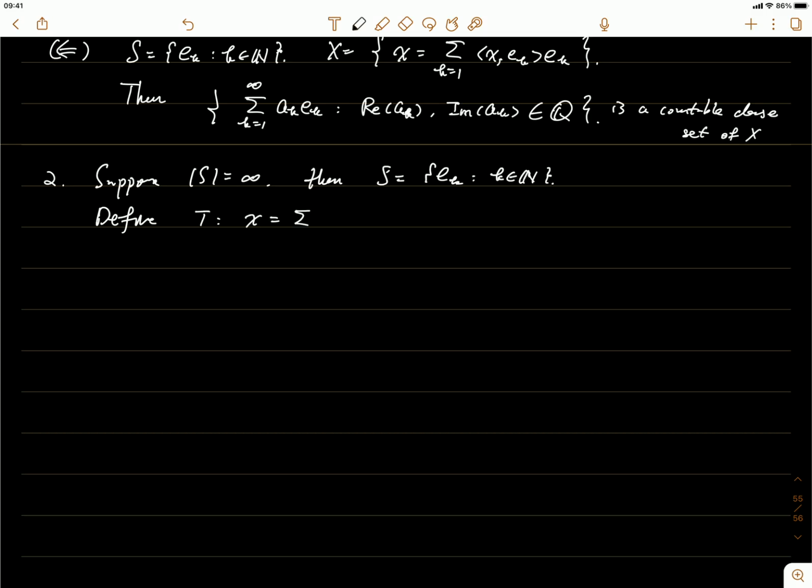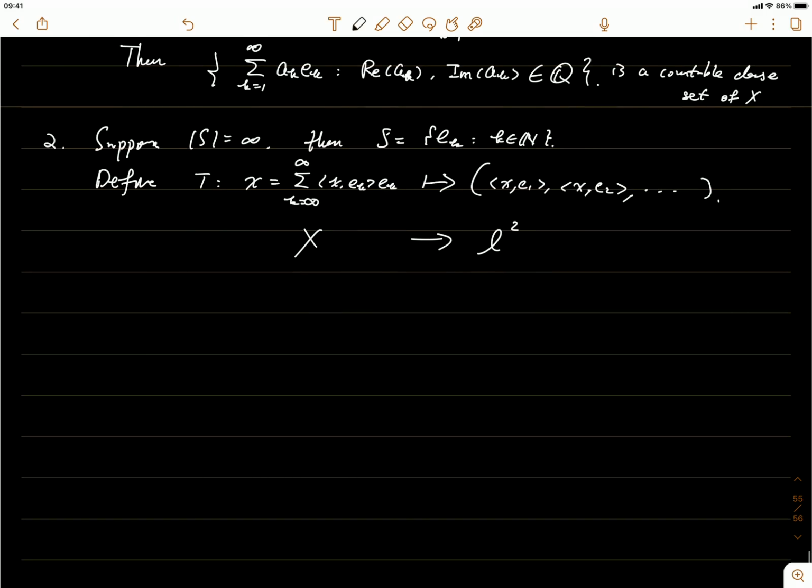You know that x can be written as the sum of x_k e_k. I can map this x, an element in X, to some element in L2: I'm going to map it to (x,e1), which is my first number, then (x,e2), and so on and so forth.